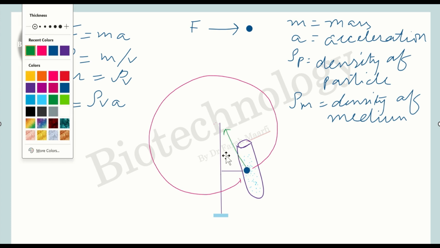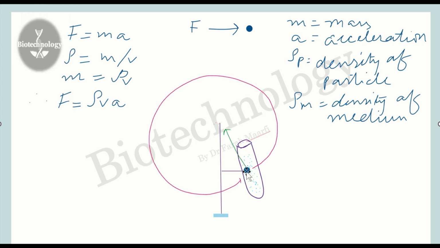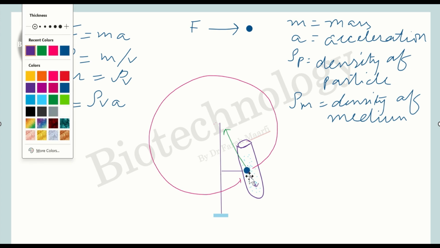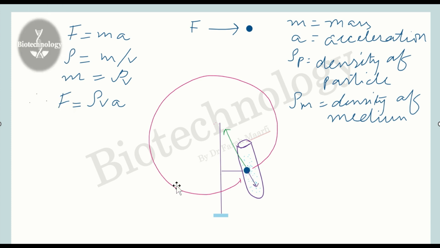And another force is also applicable to the particle at the same time, and that force is called the centrifugal force. The particle here feels like it is thrown away out of the test tube. In this condition, this particle will sediment at the bottom of the tube.